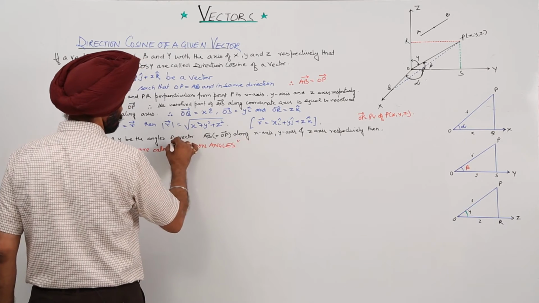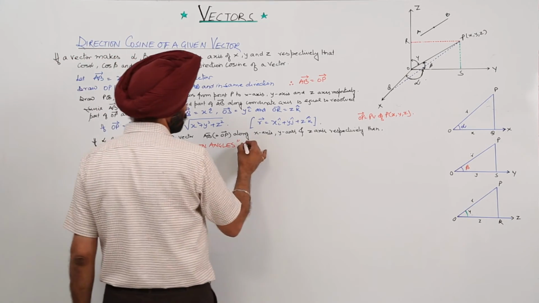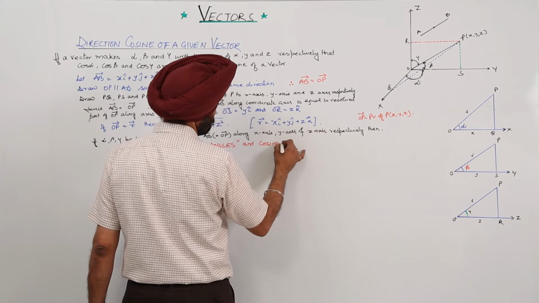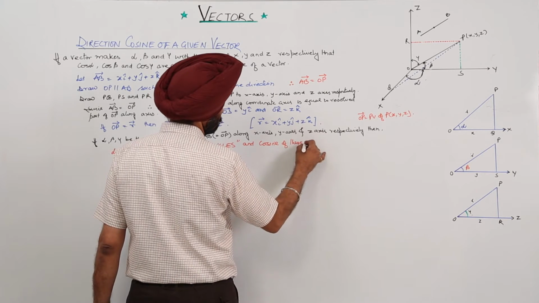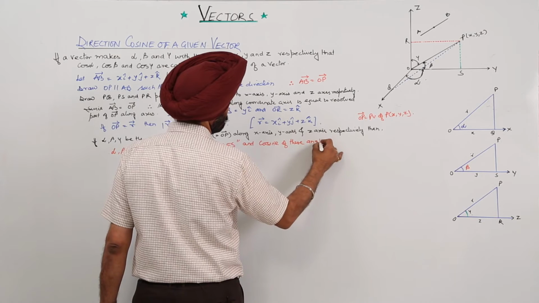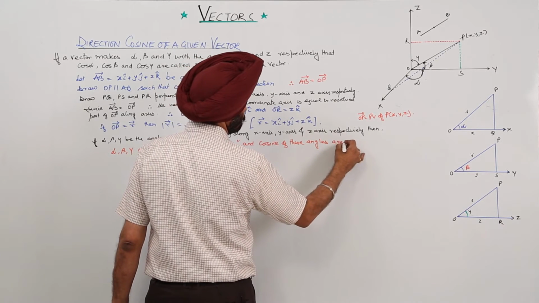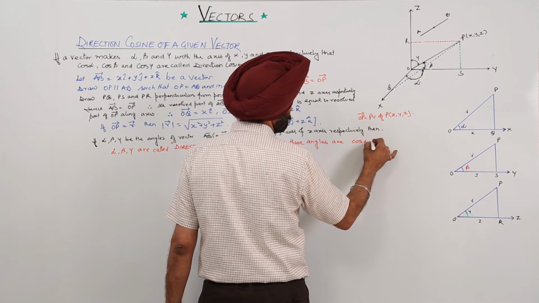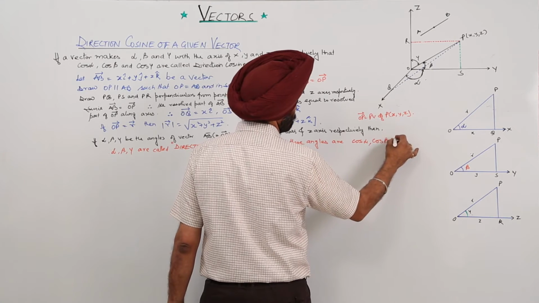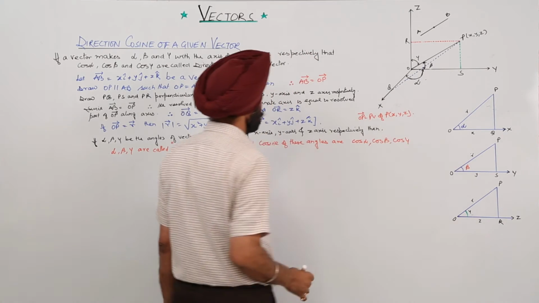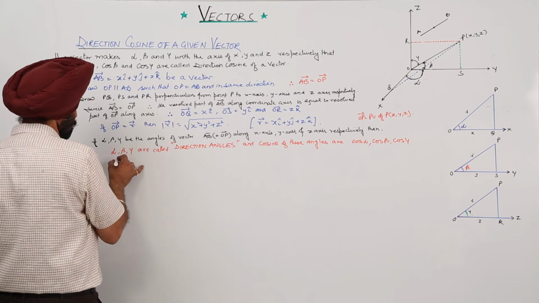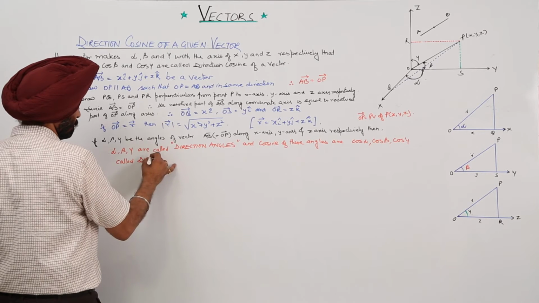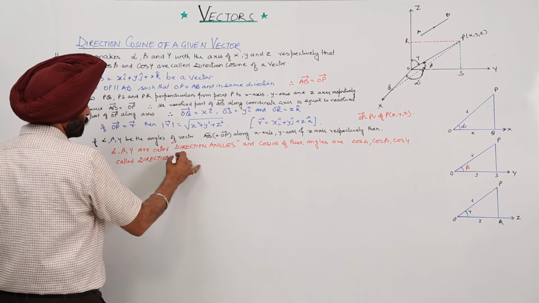These are called direction angles, and cosines of these angles are called direction cosines.